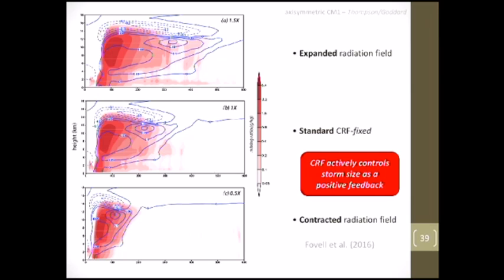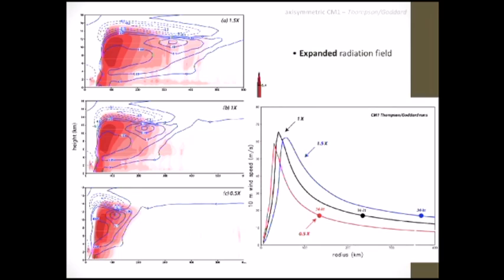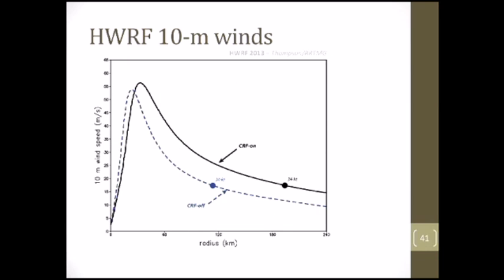So as the cloud-radiative forcing field expands, the region of the gentle lifting expands farther outward, and so therefore there's even more convective activity producing more diabatic forcing, expanding the wind field. So we'll go from this to this to this as a function of time. Okay? All right, and those three simulations are associated with wind fields near the sea surface that are very, very different.